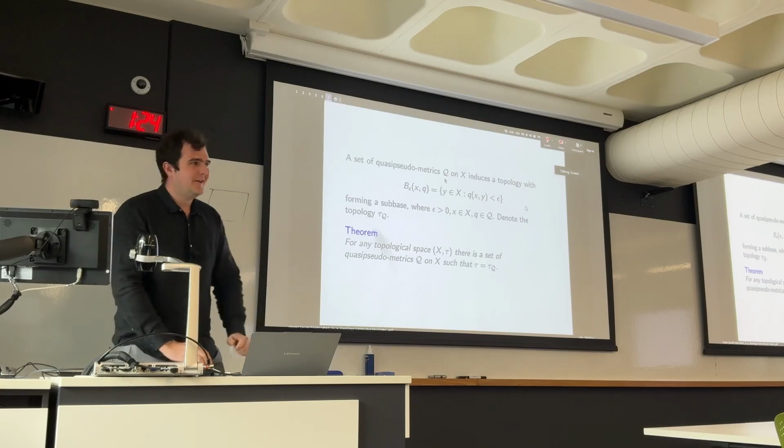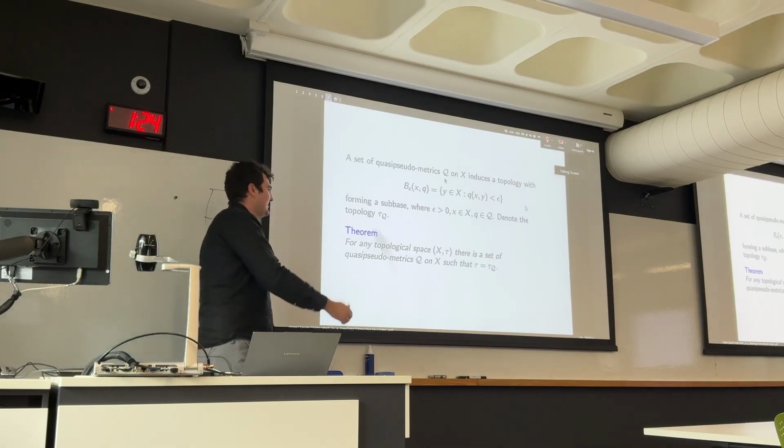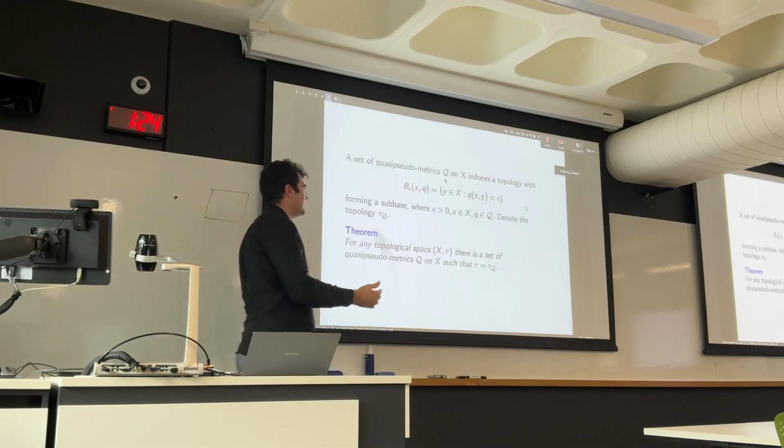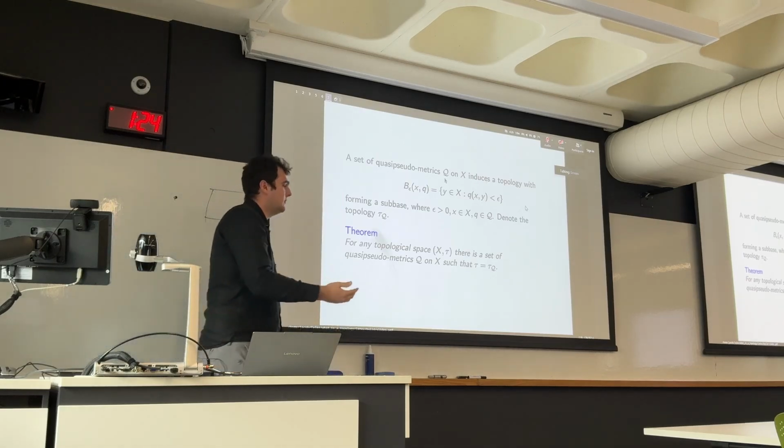Okay. And then we've finally arrived: for any topological space, there's a set of quasi-pseudometrics Q on X such that the generated topology is just the original one.